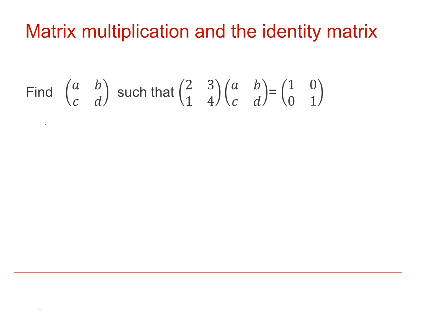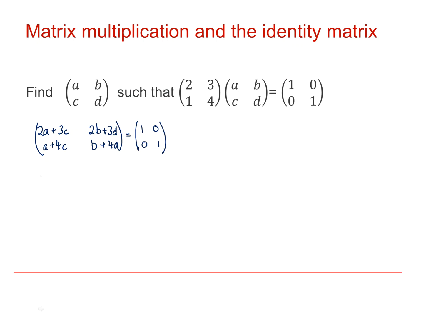OK, if we do this multiplication, we get this matrix: 2a plus 3c, 2b plus 3d, a plus 4c, b plus 4d. And we know that that has to be equal to the matrix 1, 0, 0, 1.